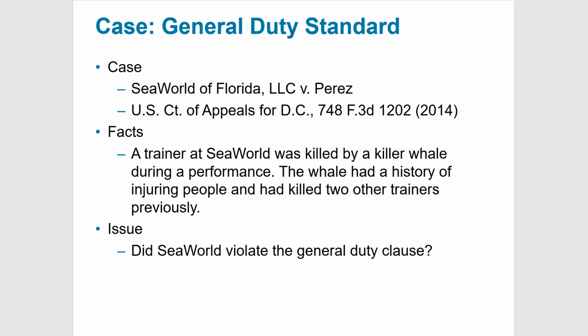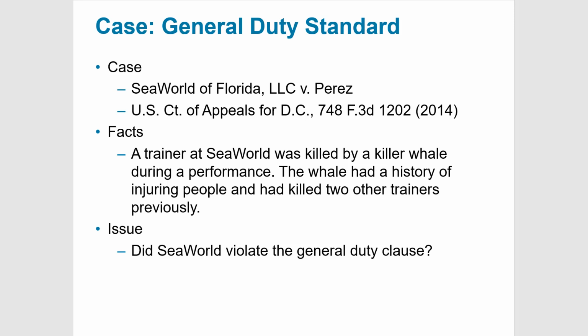And so the family of the deceased trainer sues SeaWorld, saying that they did not create a safe work environment for her. SeaWorld tries to defend themselves, saying that they were doing everything that they could. But the end result was that SeaWorld had to put in some additional protections, saying that the trainers had to have safety barriers or safety decking in place and couldn't be in the water with the whales anymore.